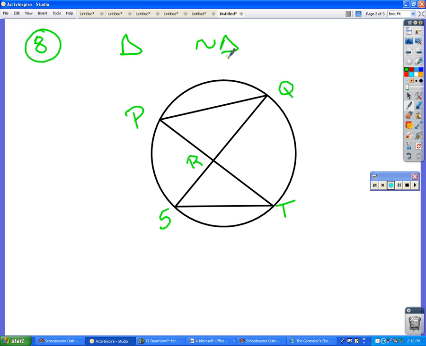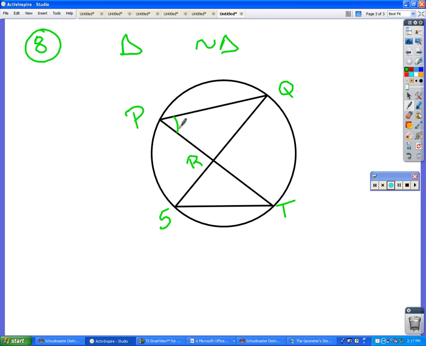Because what is not true about these two segments here that was true in the other one? Right, these other ones were parallel in the other diagram, and here they are not. Okay? So this angle right here, angle P, does not go with angle T. These are not alternate interior angles.